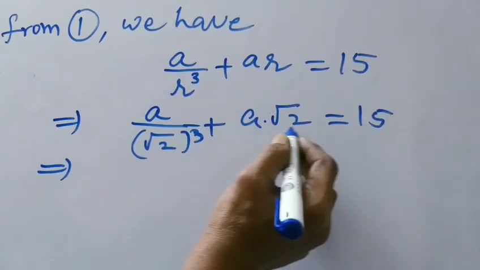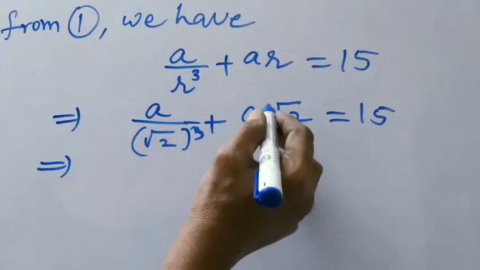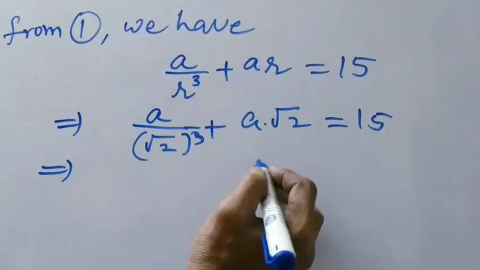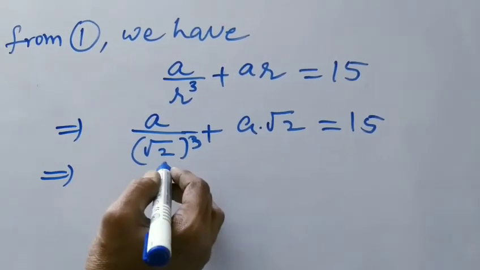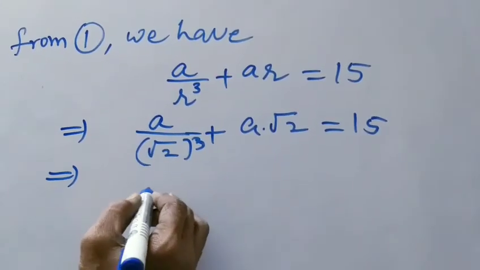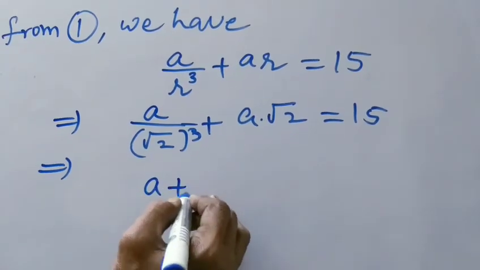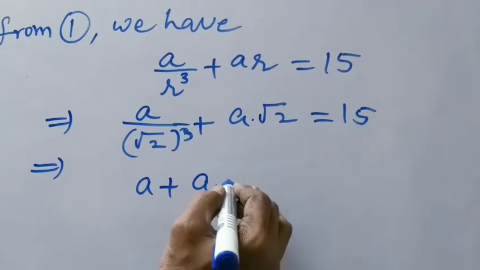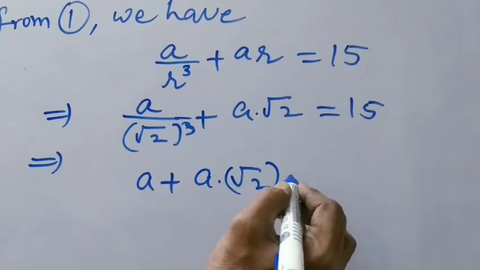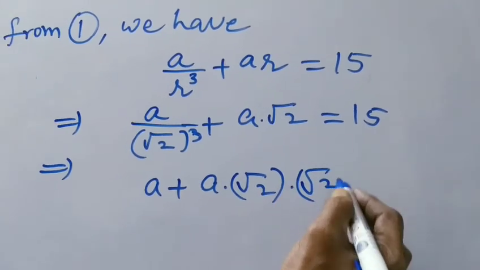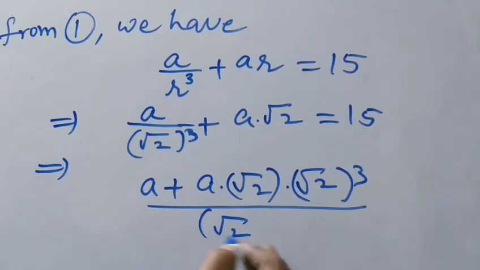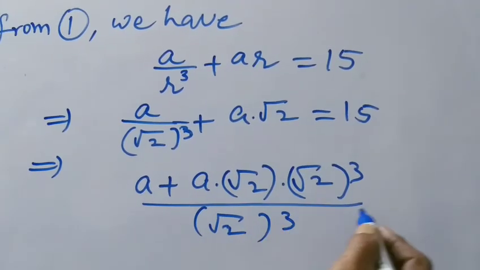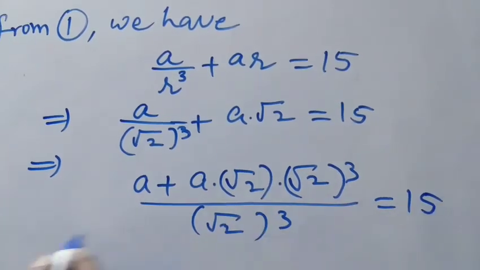On taking the LCM of these two, (root 2)³ in the first term, and 1 in the second term, so the LCM is (root 2)³. So a + a·root 2 into (root 2)³ divided by (root 2)³ is equal to 15.